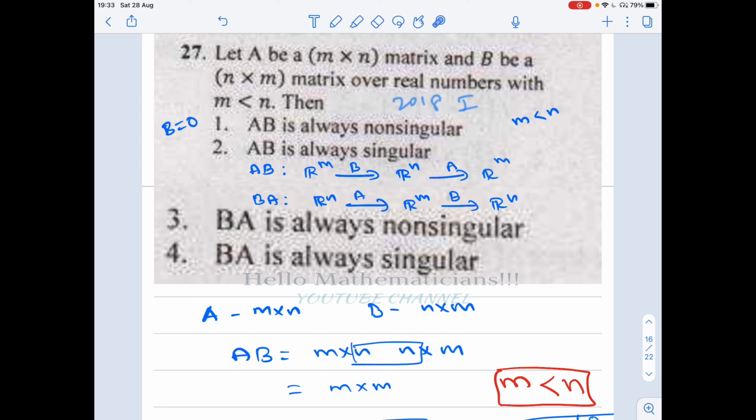So let's continue. The main thing to notice is that the main assumption given is m less than n, which we have to keep in mind. So AB, what is AB?